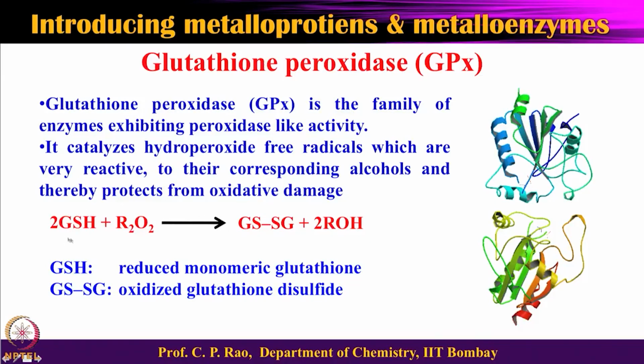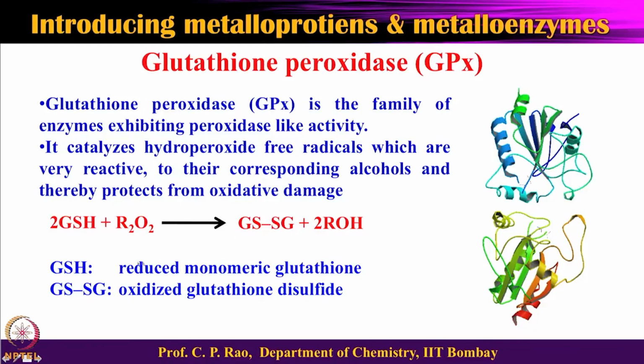Let's take an example here, glutathione simply acting on the R2O2. What is R2O2? Peroxide. It can be alkyl peroxide or any kind of thing. If both R are equal to H, it will be hydrogen peroxide, and that will lead to the oxidized form of GSH, which is GSSG. So, you can see the SS bond, and this is the disulfide bond, and it leads to the alcohol.